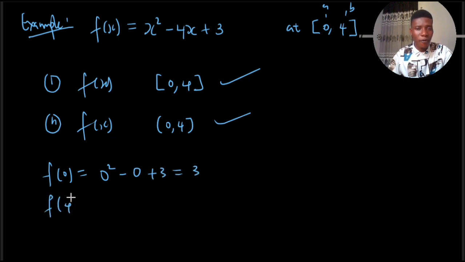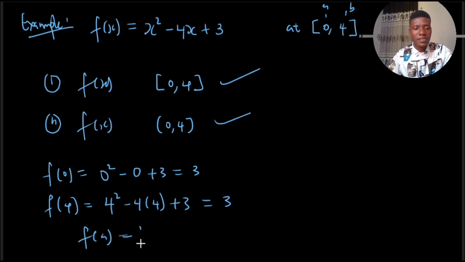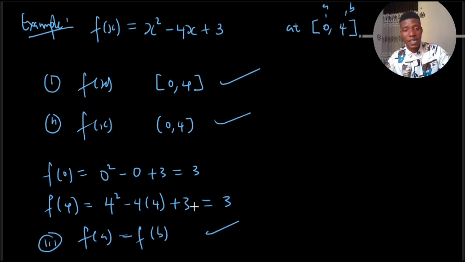And f of 4, which is our f of b, gives us 4 squared minus 4 times 4 plus 3, and this will also give us 3. Because f of a equals f of b, the third condition has been satisfied as well.